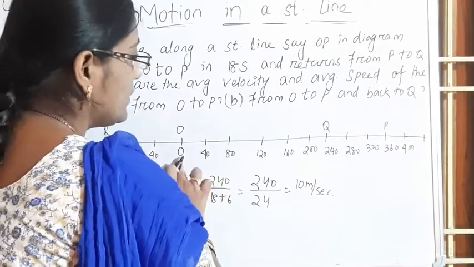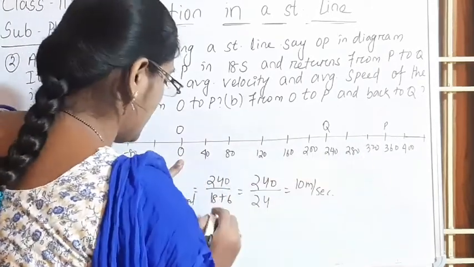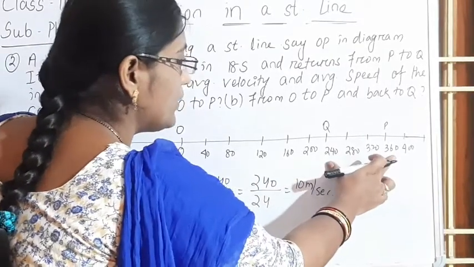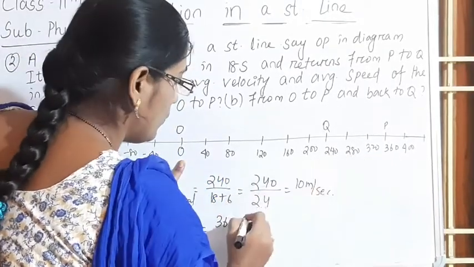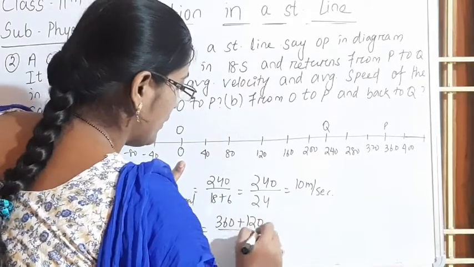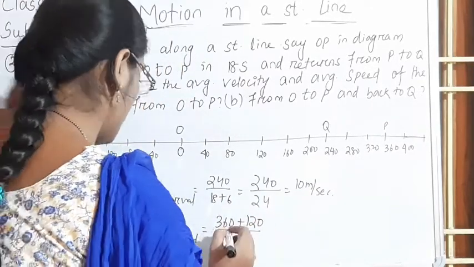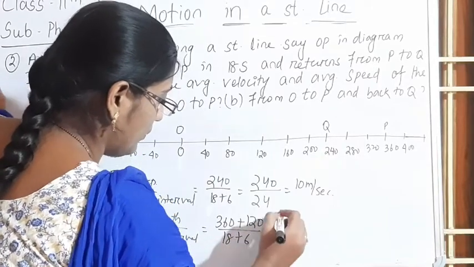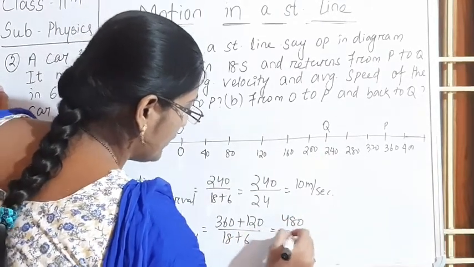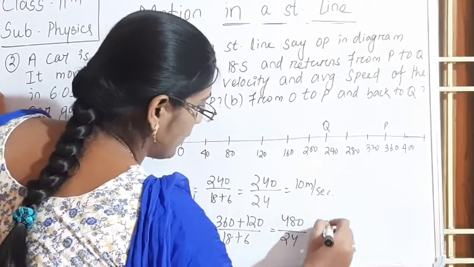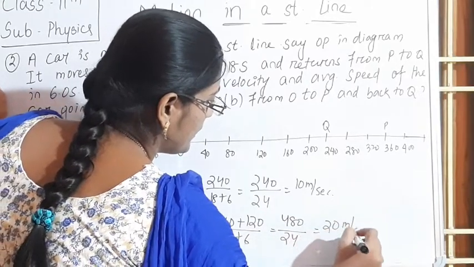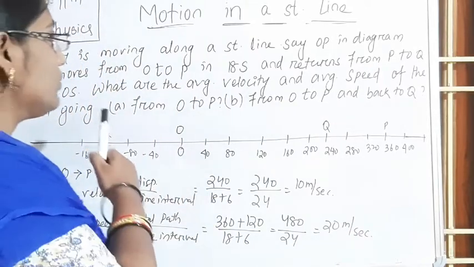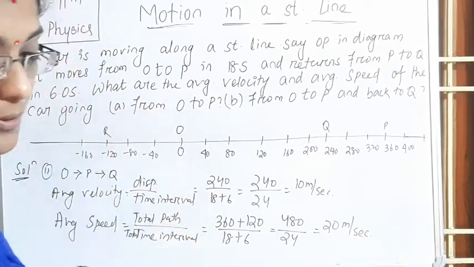Total path means first 0 to 360, then 360 to 240, which is 120, by total time interval 18 plus 6, that is 480 by 24, which is equal to 20 meter per second. Clear? Next we will go for the third question.